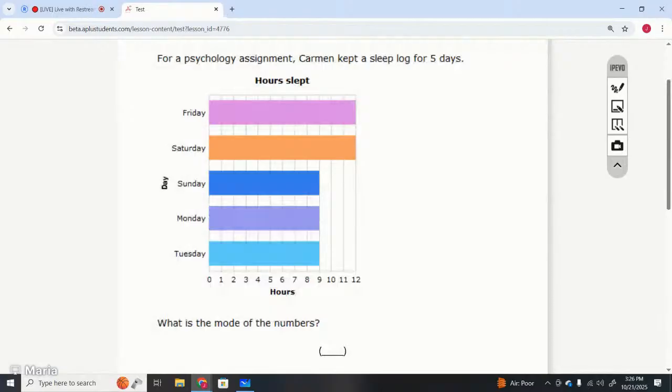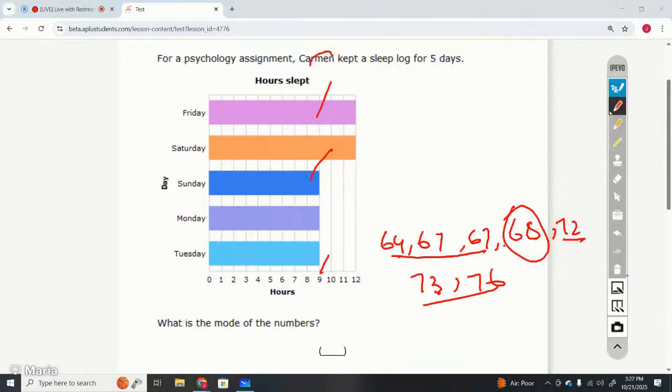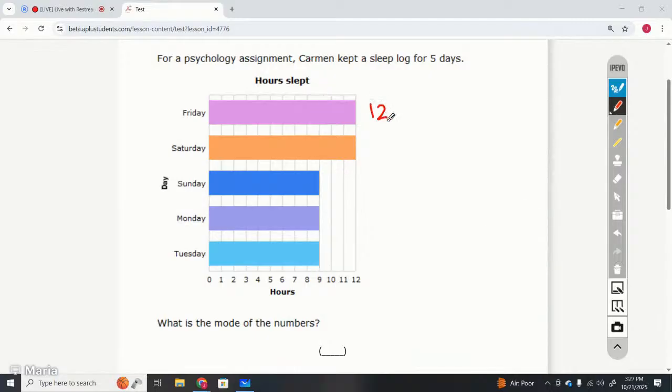For a psychology assignment, Carmen kept a sleeping log for 5 days. What is the mode of the numbers? So Friday it is 12, Saturday it is 12, 9, 9 and 9. Mode is the number that appears the most in the given data.